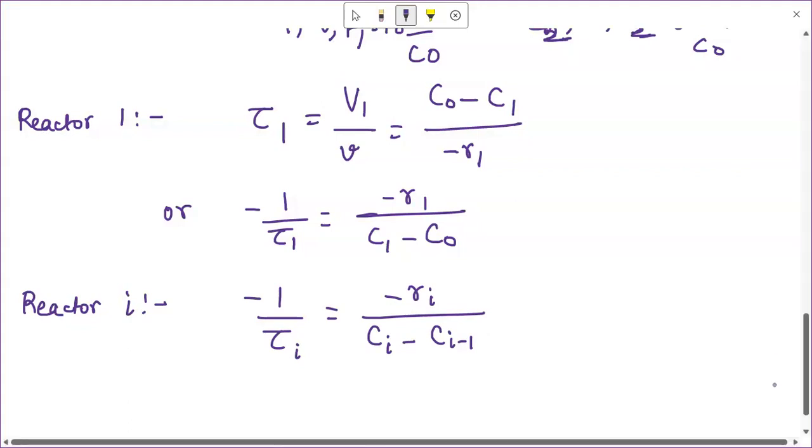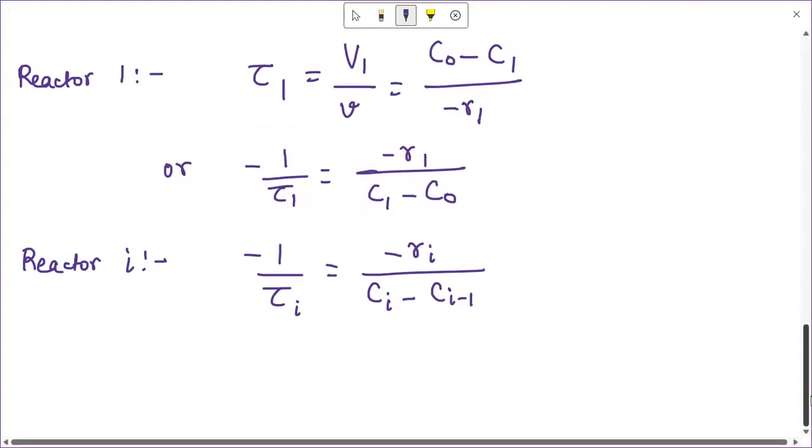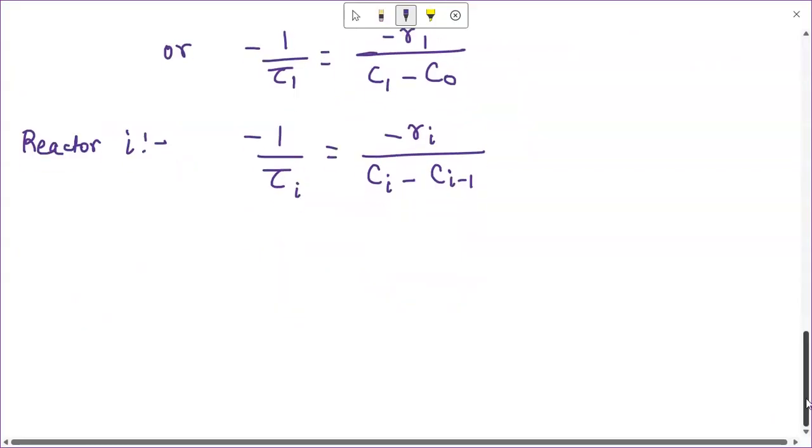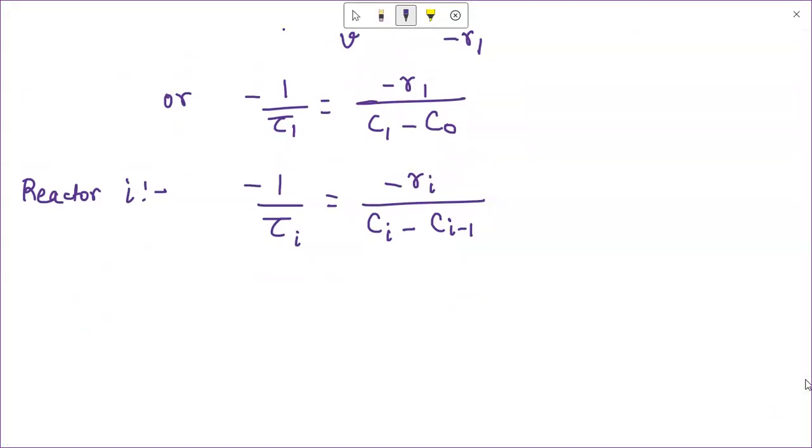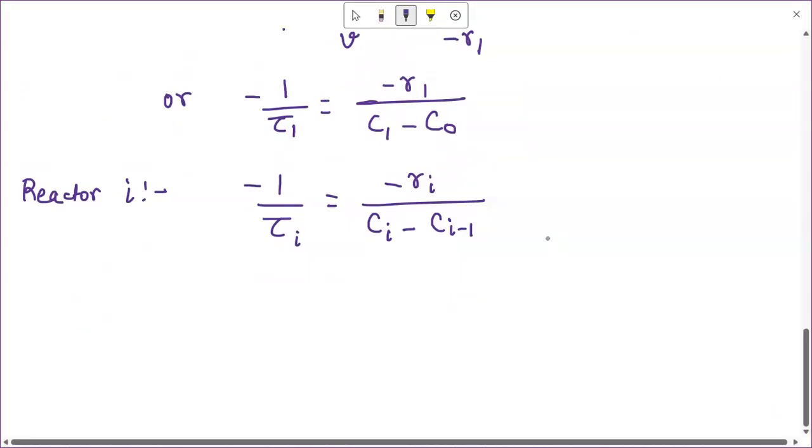Okay, now we'll come to the graphical part. So this is how the design equations are written for each of the reactors. Now we will plot our rate versus concentration plot.